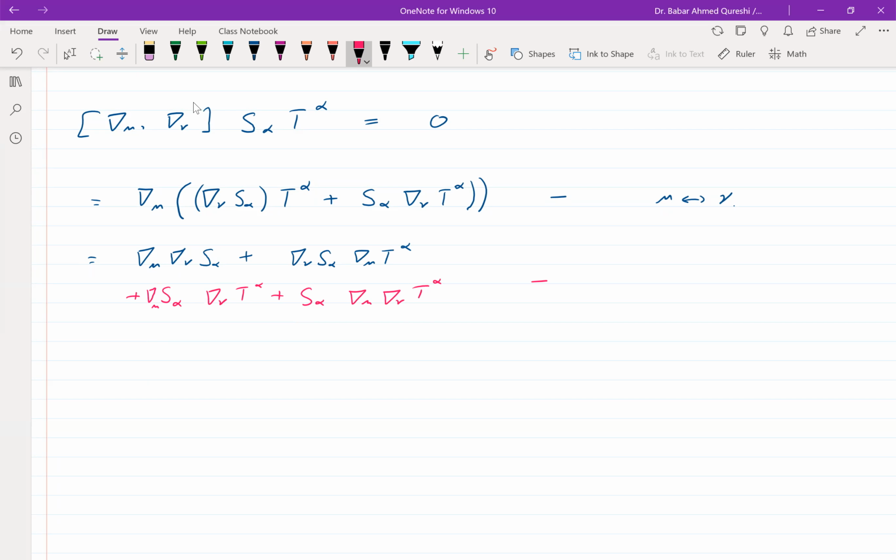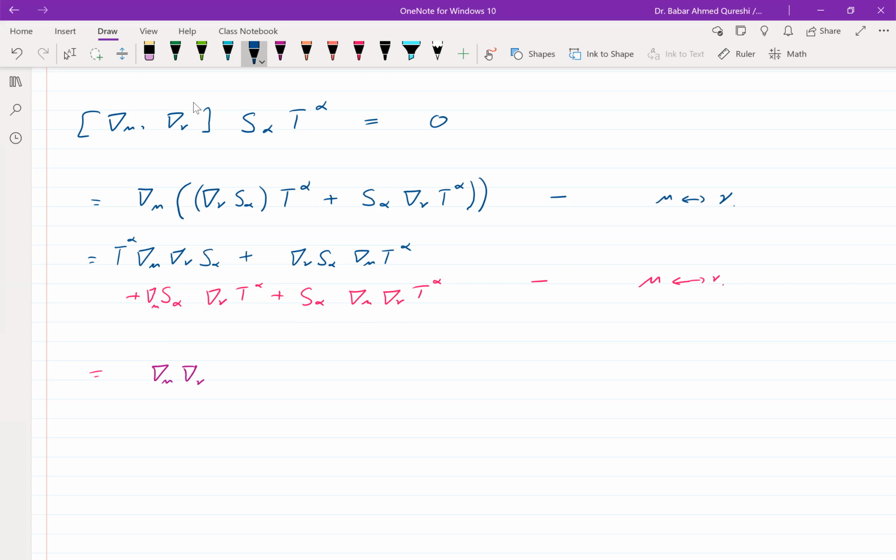And then I just subtract the same terms with μ and ν exchanged. When I consider these μ and ν exchanged terms, there was already a T_α which I am writing outside, because ∇_μ didn't hit this T_α.